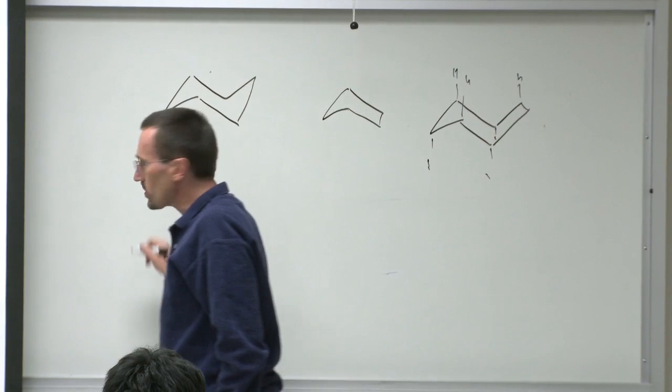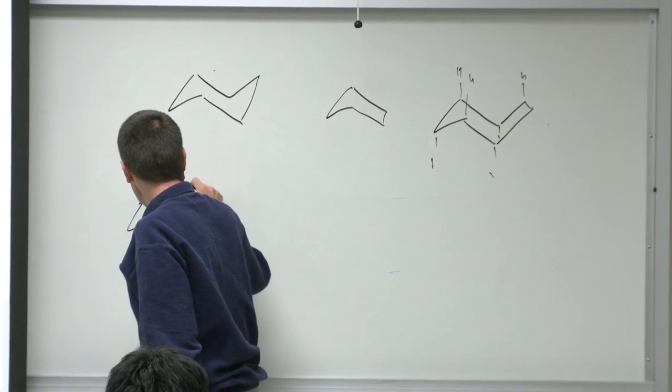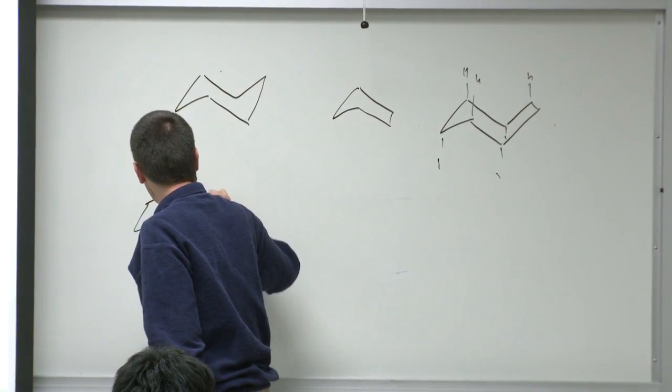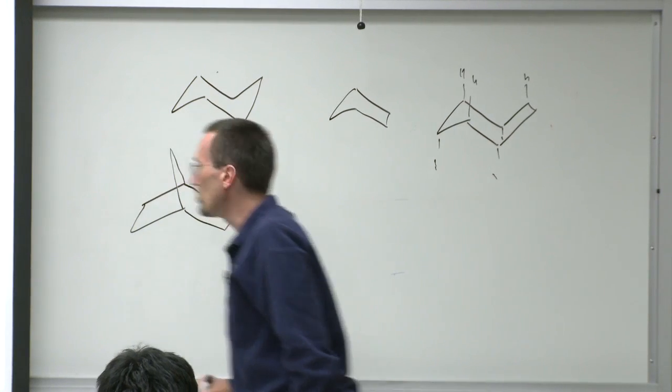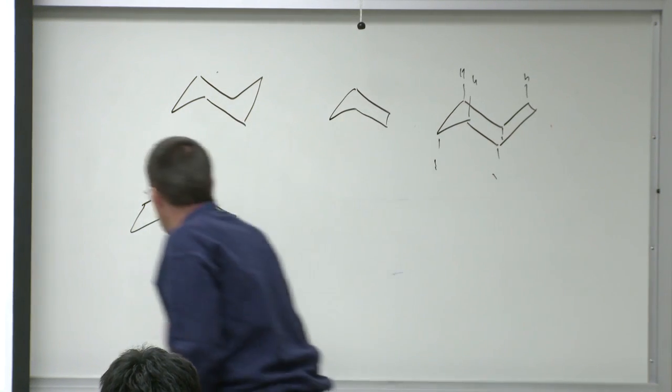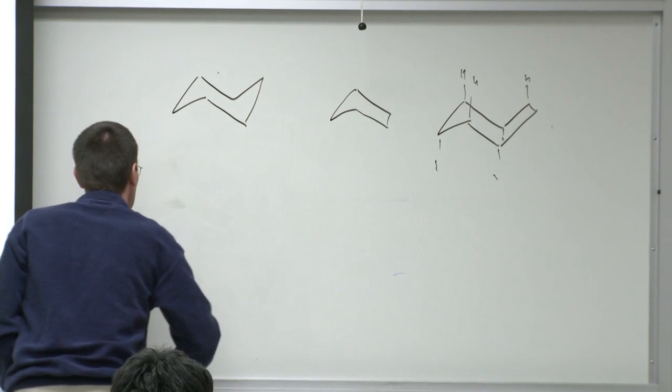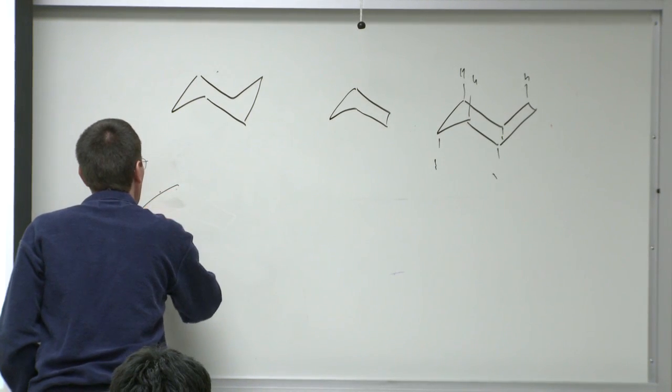If you can understand norbornane, if you can understand bicyclo[2.2.1]heptane, and that really is a poor drawing, so let me do a little bit better here.